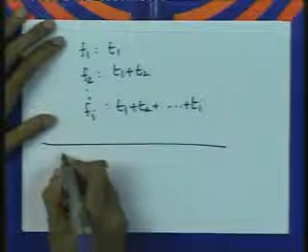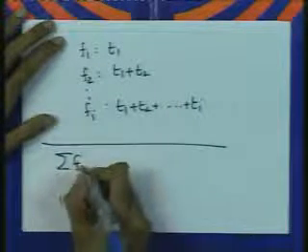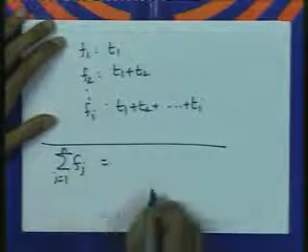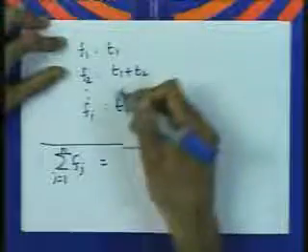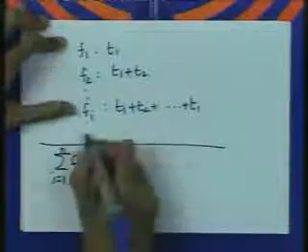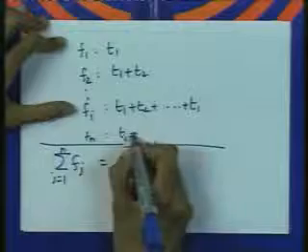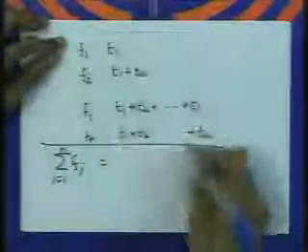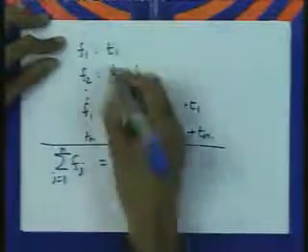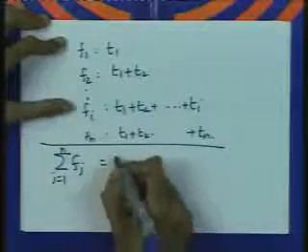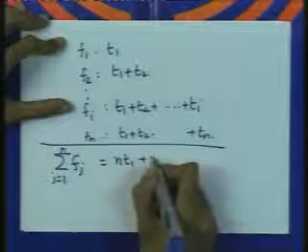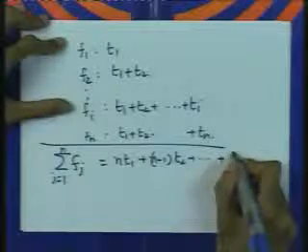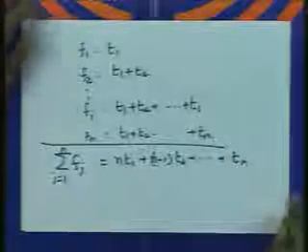Now, what is the sum of Fj, j equals 1 to n? This is what I want to minimize. Well, it's T1 plus T1 plus T2 and so on up to the last one. Fn is T1 plus T2 and so on plus Tn. If you look at this sum, it's nothing but n times T1 plus n minus 1 times T2 and so on up to plus Tn.